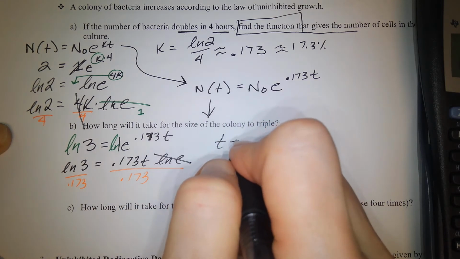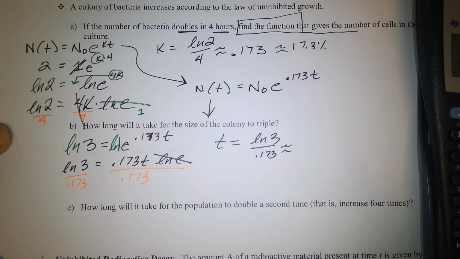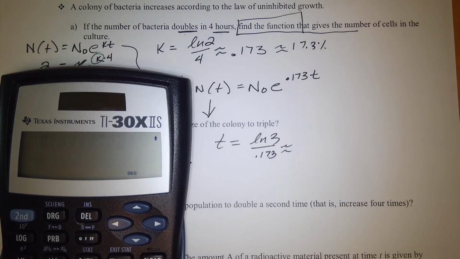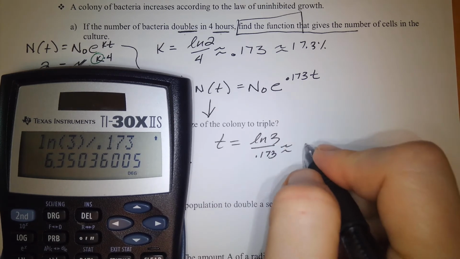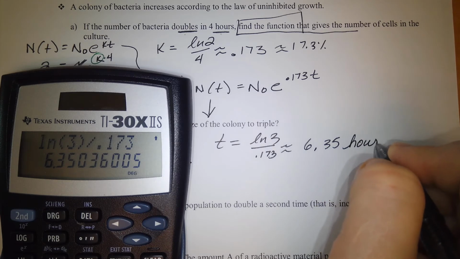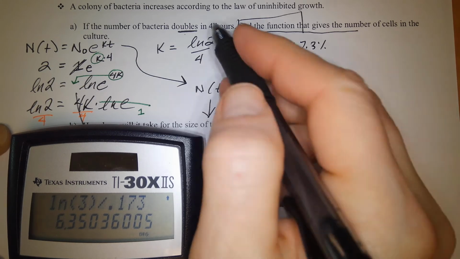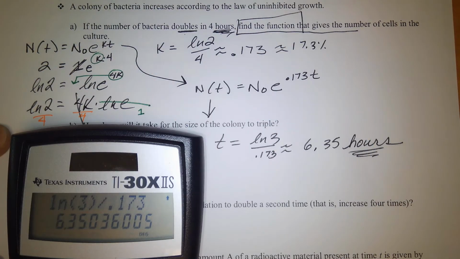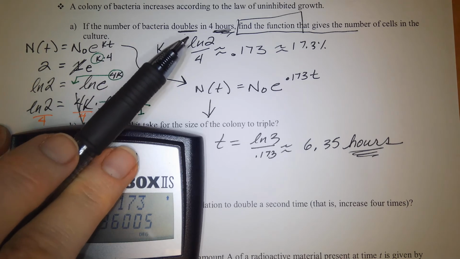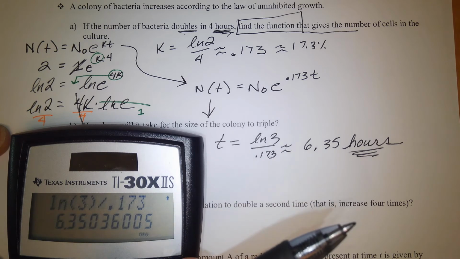So I have t equals natural log of 3 over 0.173, which is approximately equal to 6.35 hours. Remember, the time frame has to match the original time frame. So this bacteria doubles in size in 4 hours, triples in size in 6 hours.